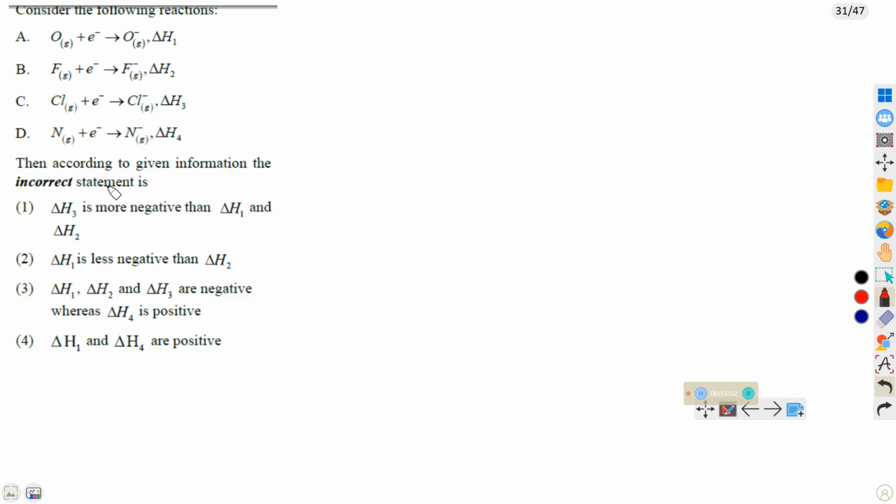Consider the following. According to the given information, find the incorrect statements. Addition of electron, electron affinity, delta H value. First electron affinity value is negative. Fluorine, negative. Fluorine and chlorine are same group elements. In the same group, chlorine's electron affinity value is more compared with fluorine.